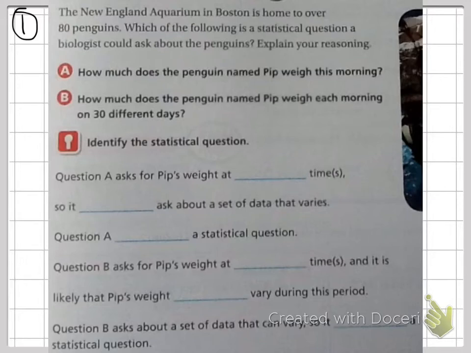Question A asks for Pip's weight at only one time. They only want to know about his weight in the morning, so it does not ask about a set of data that varies. Since it doesn't ask about a set of data that varies, it is not a statistical question.